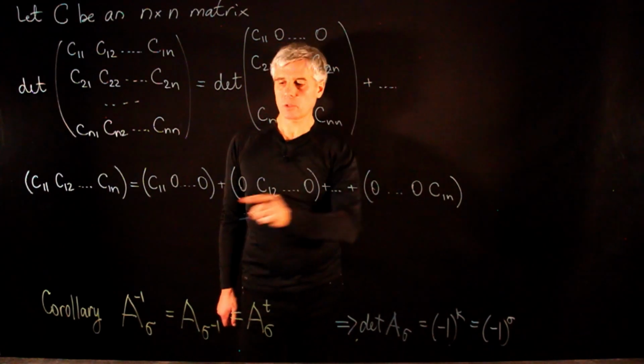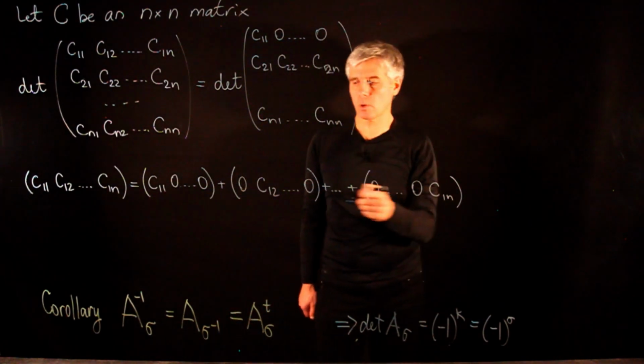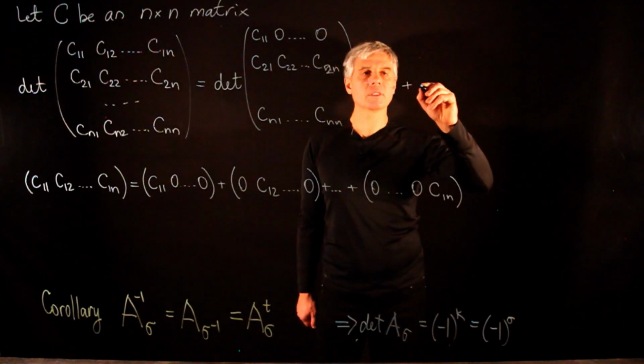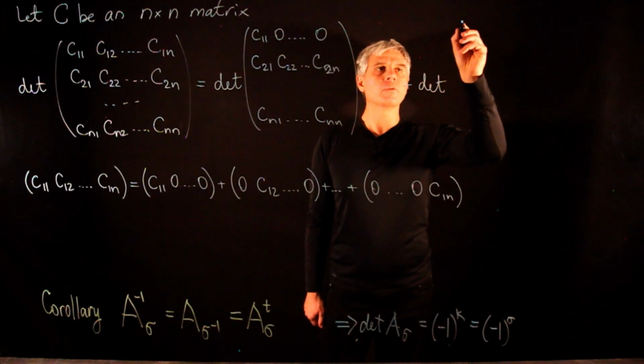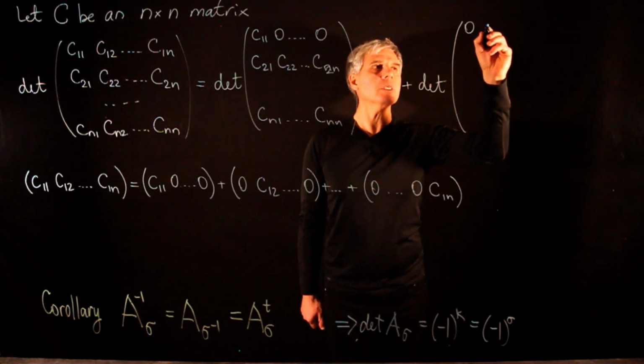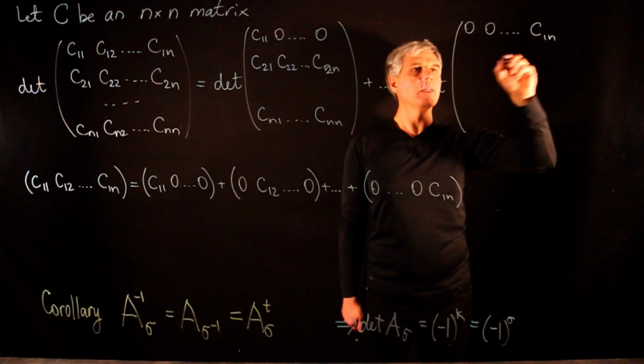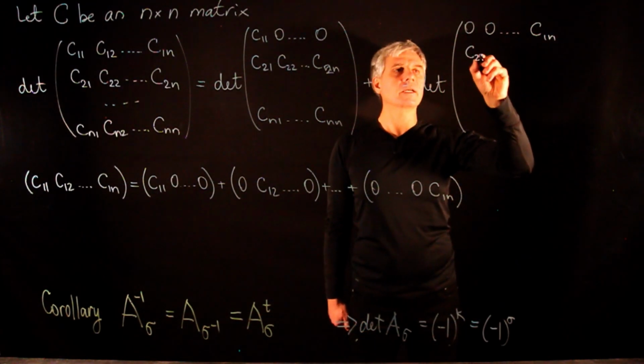So we take the expansion of the first row that corresponds to this decomposition. The last term in this expansion will be the determinant where we have all zeros, the last entry is C1n, and everything else is unchanged.